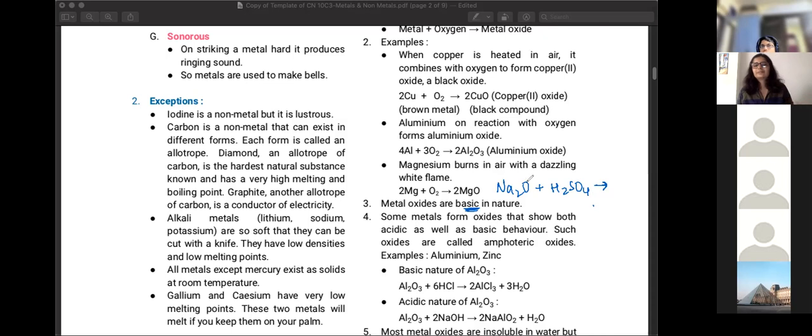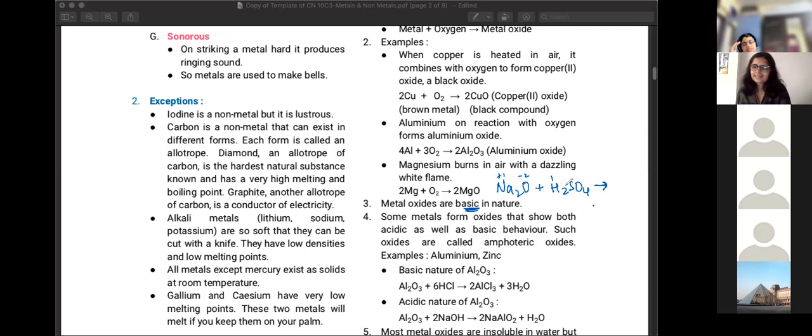Again, Mansi, whenever you're in doubt about how a reaction will take place, figure out the cation and the anion. So in this, what will be the cation? Oxygen. No, oxygen is actually minus. So sodium is the cation and oxygen is the anion. In the acid, what will be the anion? H2 is the anion and SO4 is the cation.